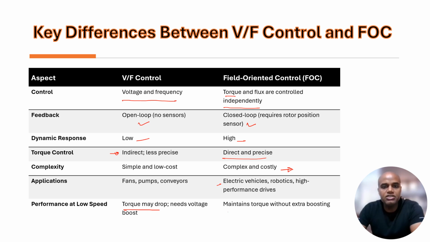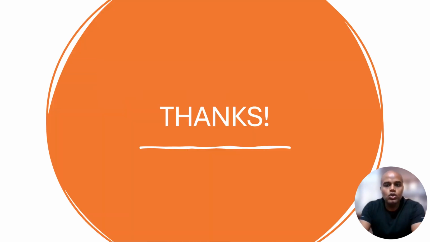However, FOC maintains the torque without extra boosting. So I hope we have understood the scalar and vector control methods available for the speed control of AC motors, how FOC is superior to V by F, and why it is deployed in most control mechanisms where high torque precision is required.